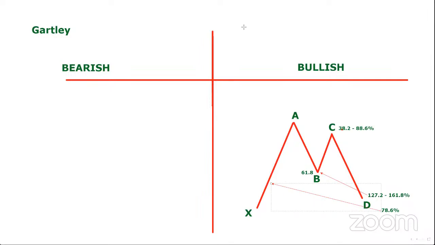Then when the price reaches this area of support, this area that is D, you might be thinking about going long. You might go long from this point. Just like this.